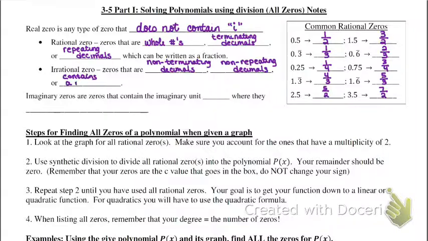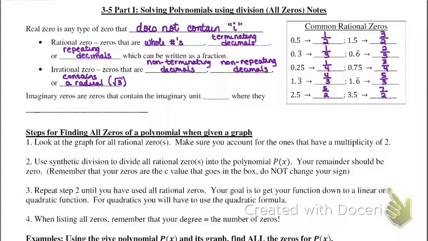And remember, that is the little square root symbol. Okay. So for example, square root of 3. There is no way that I can rewrite that as a fraction. Therefore, it is an irrational zero. Square root of 2, square root of 5, the number pi, that is an irrational zero.